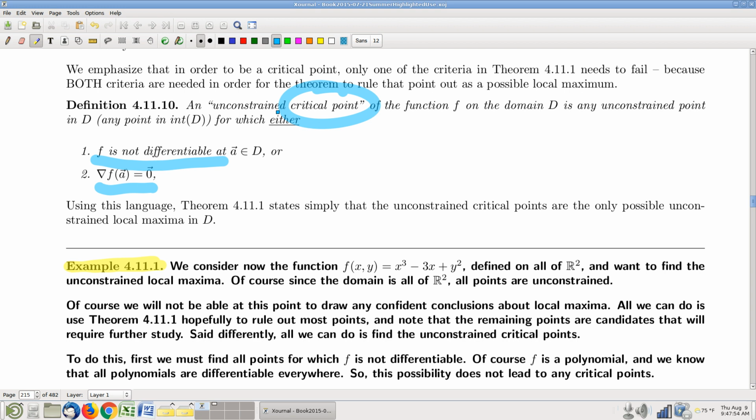But if there's a maximum out there, it's going to have to be one of these because I've already eliminated all the others. Is everybody on board? Everybody see how this is a total rip-off of what we did in Calc 1? It's the same process of elimination. It's even cosmetically similar in that we're taking the derivative and setting it equal to 0. Just don't forget to check where the function fails to be differentiable as well.